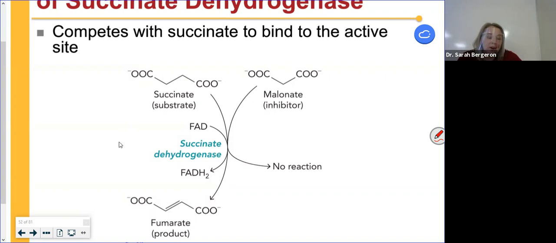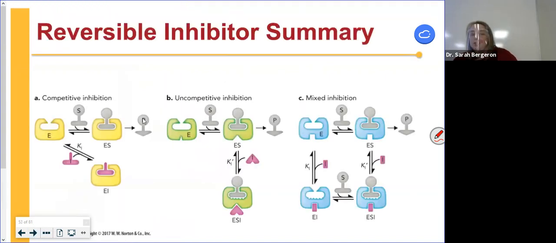Okay, all right. So we're going to look at the three different ones and talk about each one and then look at some examples. So if you have competitive inhibition, we have an enzyme. Our enzyme typically binds to some substrate to make an enzyme substrate complex, and then we have a product.